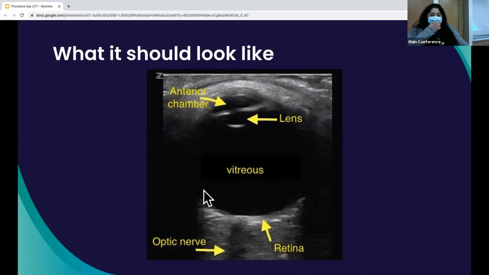You can initially start by adjusting the depth and reducing the gain until the vitreous is black and completely anechoic. If you have the patient move their eye from right to left, you're going to be able to determine all the structures for yourself. It also helps you see a pretty clear image of any retinal or vitreous abnormalities if they're not completely attached.